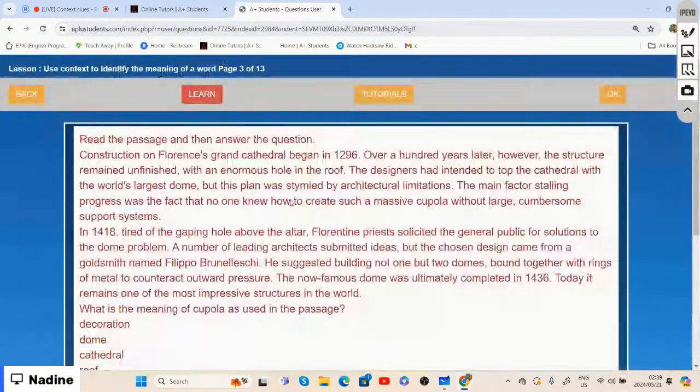It's like something that is bad for you, it's harmful. We need to read the passage, then answer the question. Construction on Florence's Grand Cathedral began in 1296. Over 100 years later, however, the structure remained unfinished with an enormous hole in the roof.